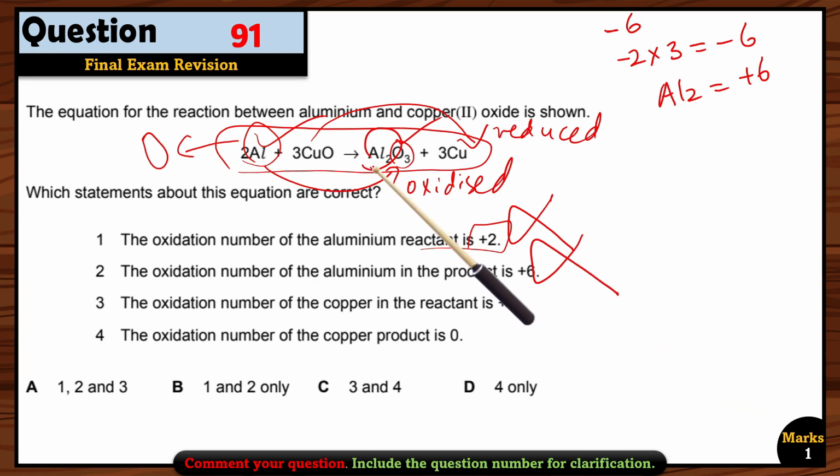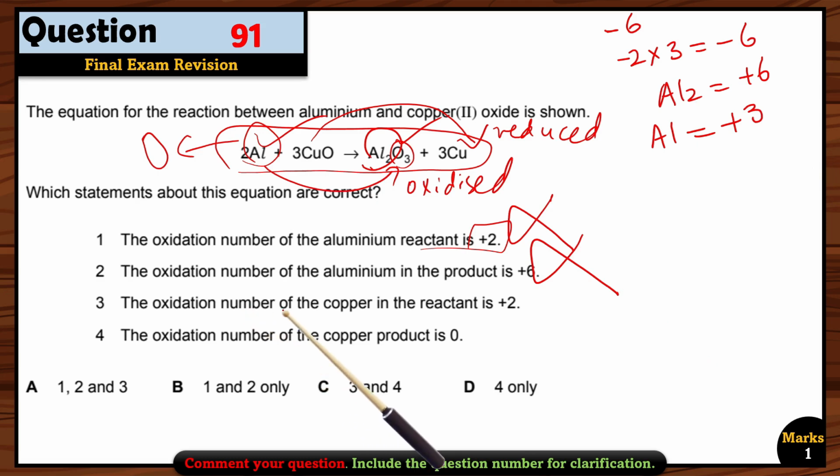Because we have 2 Al, so one aluminium has the oxidation state of +3. It's not +6. Same for oxygen: the oxidation state of oxygen here is -2, not -6. Overall the charge is -6 because we have 3 oxygen, and overall the charge is +6 because we have 2 aluminium, but the oxidation state is +3. So this option is also wrong.